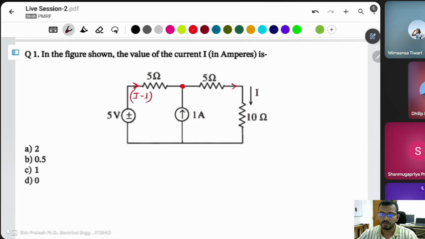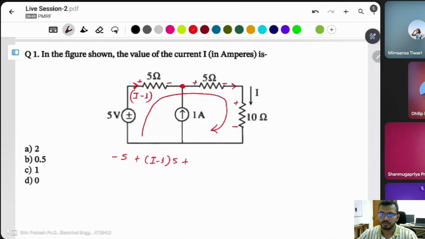Simply check the polarity according to the current flowing, so plus minus here also, and you can apply KVL in this way. Take the first sign which we encounter: minus 5 volt, then plus (I minus 1) into 5 ohm.